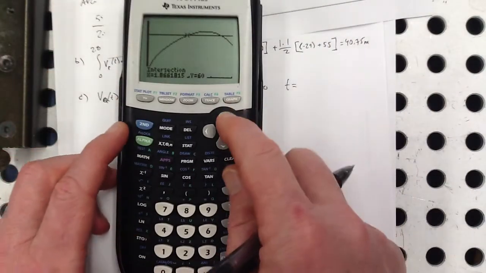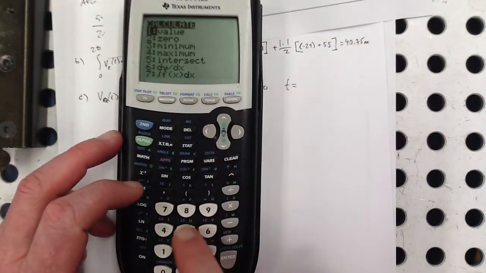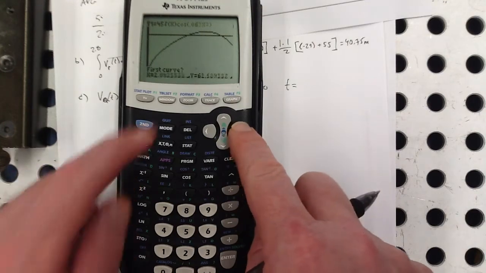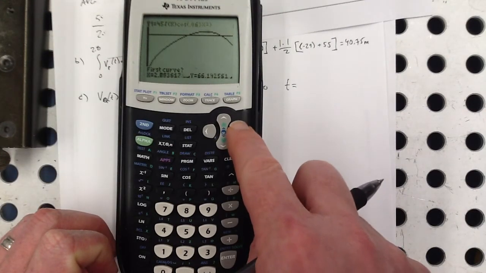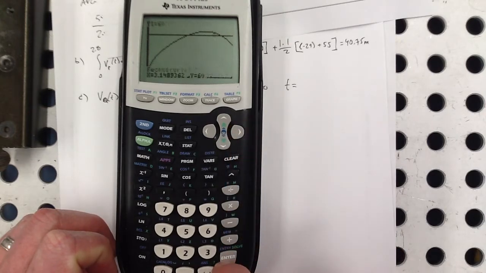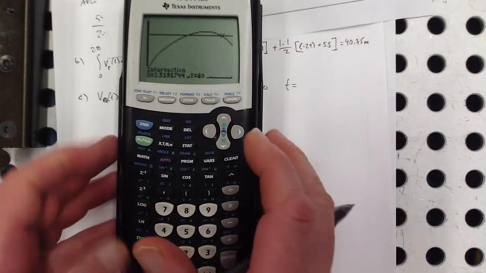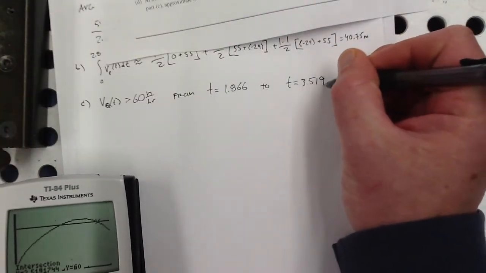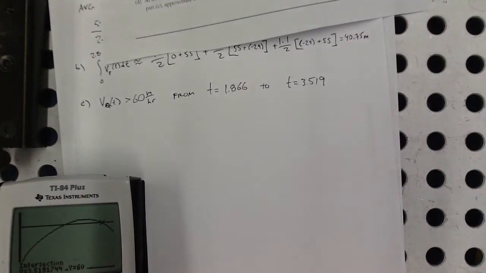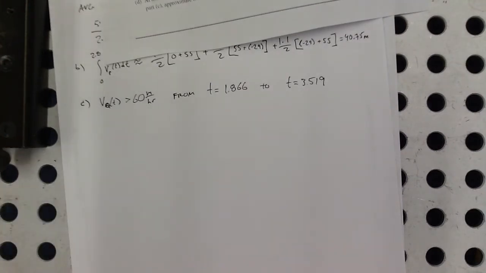Find the other one. If there's multiple intersections, you just have to get the cursor closer to the intersection that you are interested in, and then play the game. 3.519. All right, that looks good.